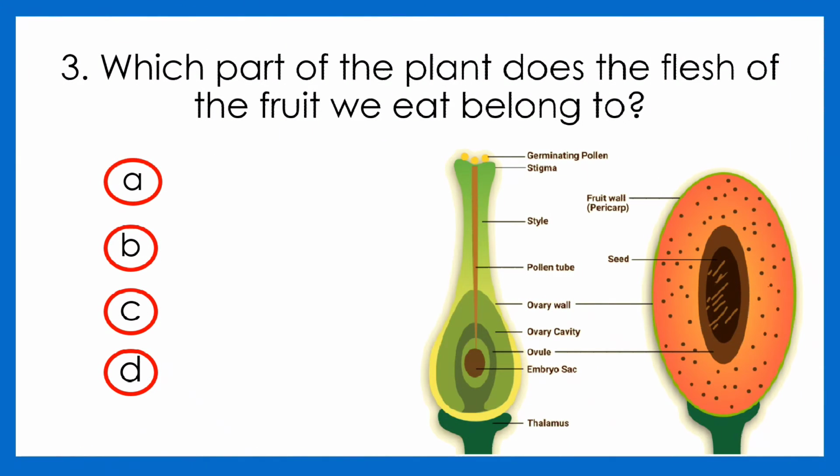Okay, let's move on to number 3. Which part of a plant does the flesh of the fruit we eat belong to? In the last slide we asked what forms into seeds, but for this one, what part of a plant becomes a fruit, or the flesh of the fruit that we eat?